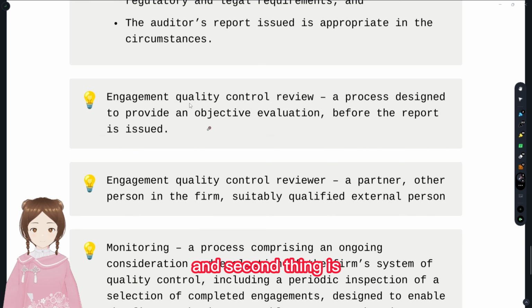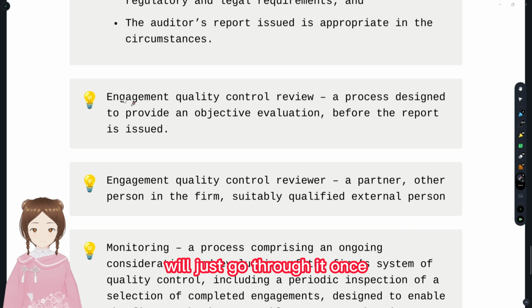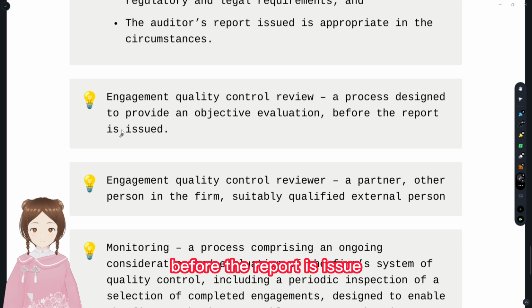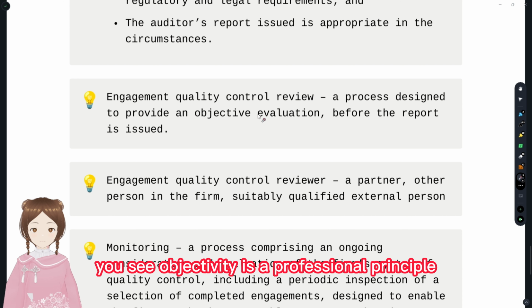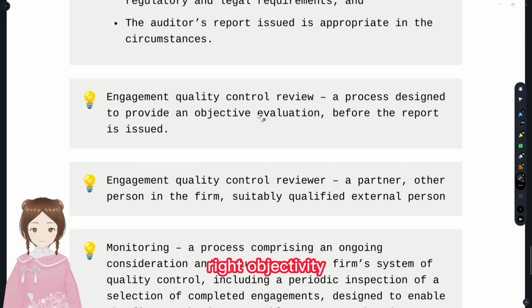The second thing is a few definitions that were given. We'll just go through them once. Engagement quality control review is a process designed to provide an objective evaluation before the report is issued. Objectivity is a fundamental principle of professional ethics, right?